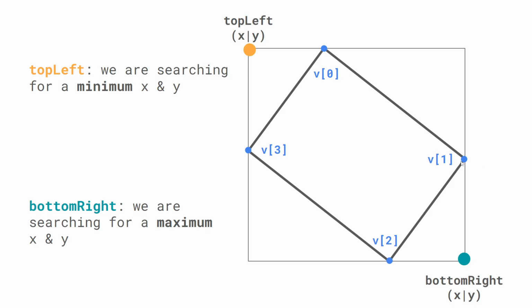Now we're comparing the value inside our top left x with the value on the vertex. And we need to search for the minimum. So that means we need to check if vertex 1 is smaller than the saved value in our top left vector.